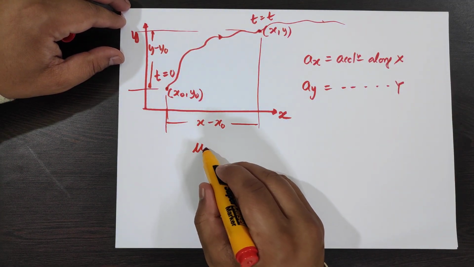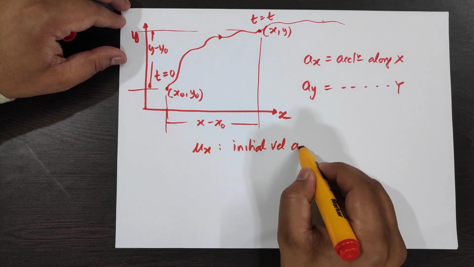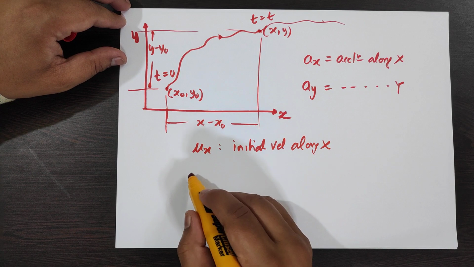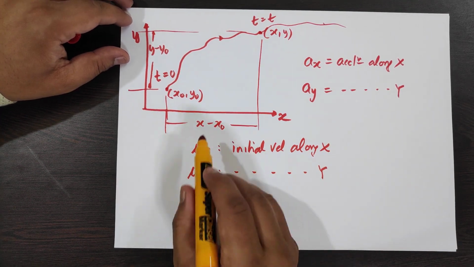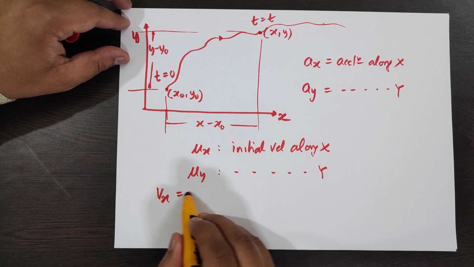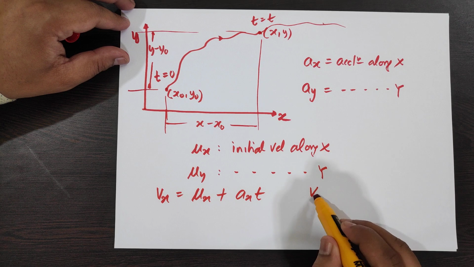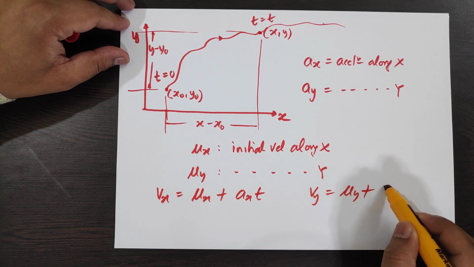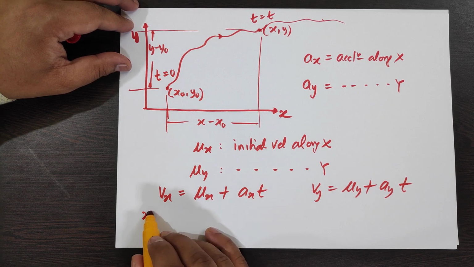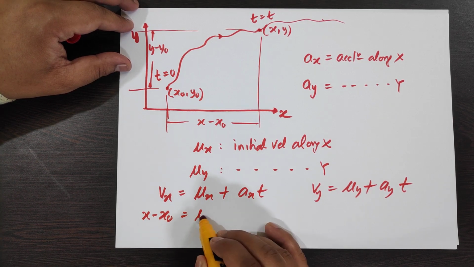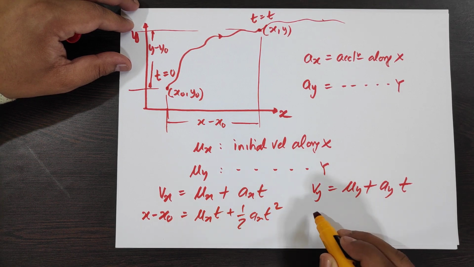Suppose ux is the initial velocity along x and uy the initial velocity along the y axis. So we can write accordingly: Vx equals Ux plus axt, and Vy equals Uy plus ayt. Now displacement along the x axis, x minus x naught, equals Uxt plus half axt squared.